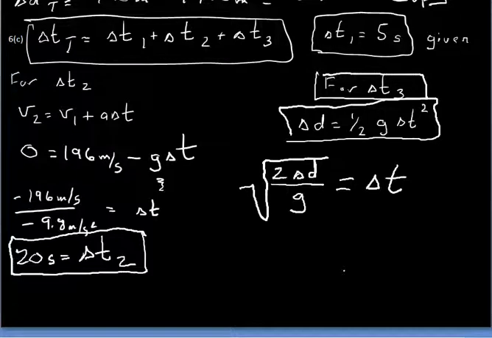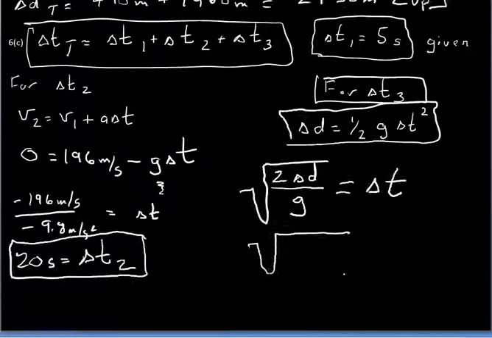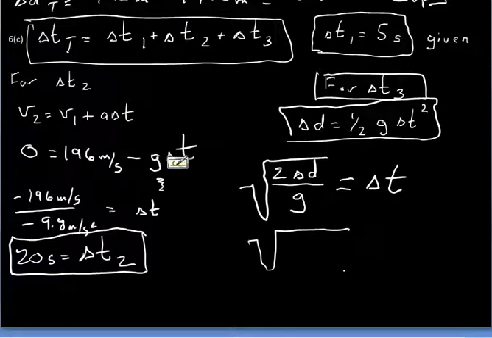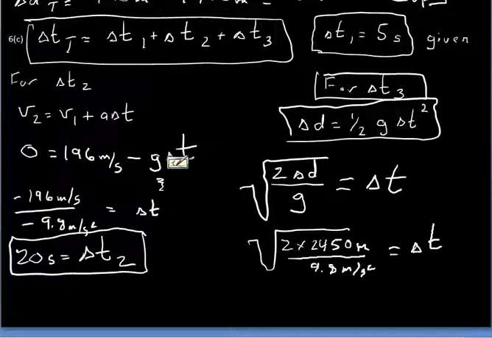So when we plug in all our numbers, remember the numbers you're going to be plugging in, it's going to be the total height, which we figured out above, and that was 2450. So that's going to be 2 times 2450 meters over 9.8 meters per second squared. And again, if you look at your units, they work out just perfectly. Well, when you do all this, that comes out to 22.4 seconds for the time for the third flight.